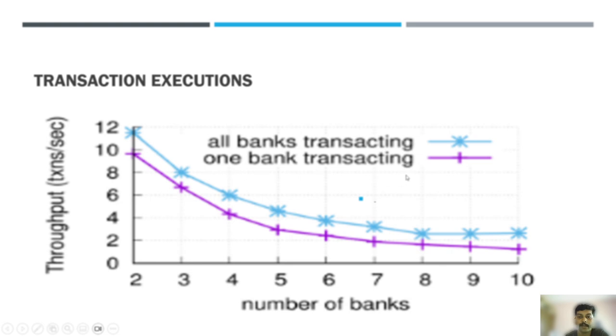When you have parallel transactions, you get maximum efficiency here. But with a single transaction, the performance decreases, meaning the throughput is very minimal. So if all banks are transacting in parallel, the throughput will be very optimal.